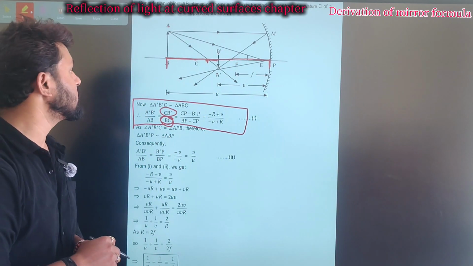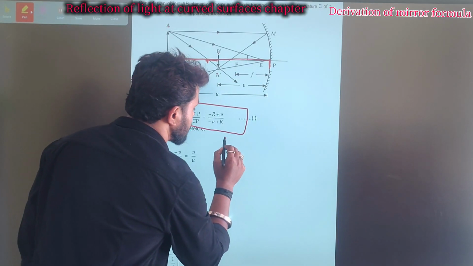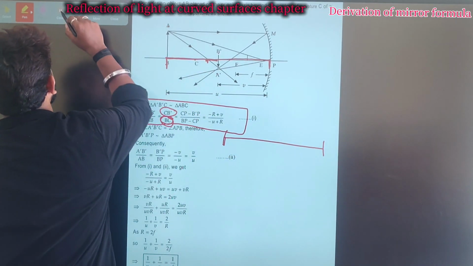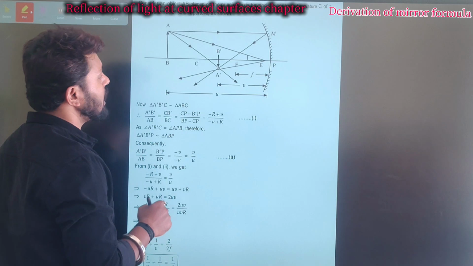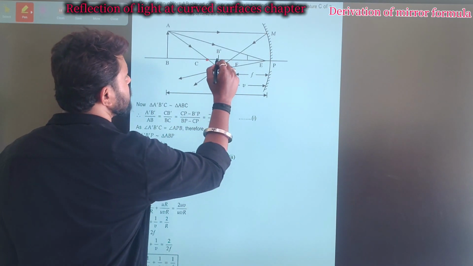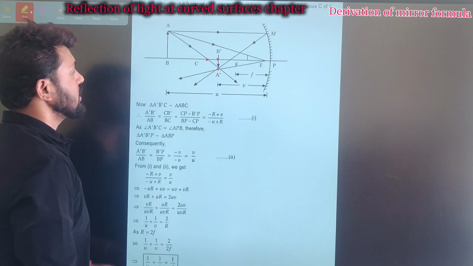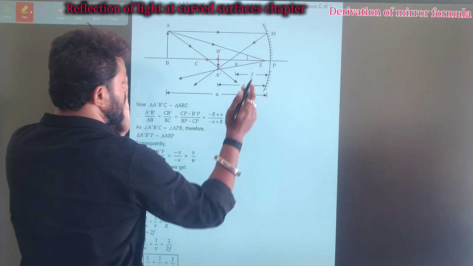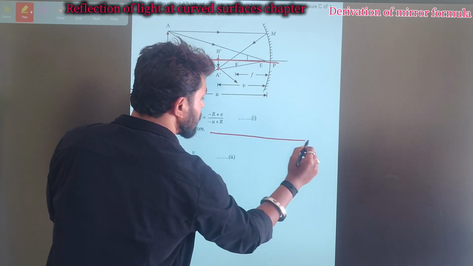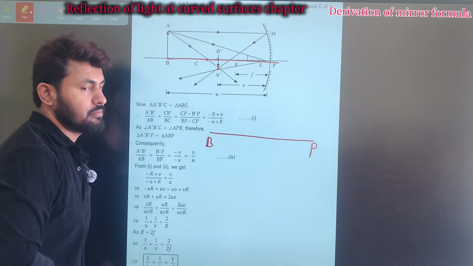Please understand the logic. Let me draw it properly. This is C, this point is B dash and this point is A dash. Now I have the whole line BP. I'm drawing it over here. This big line is BP.